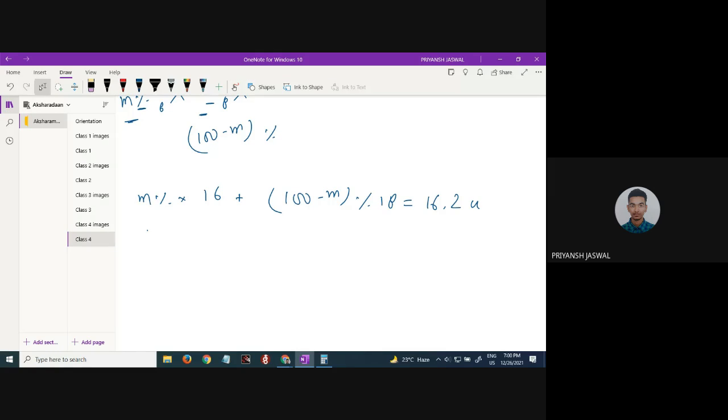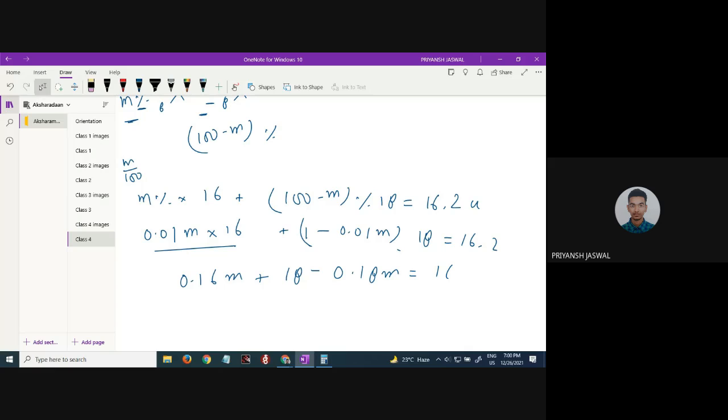So m% is basically m by 100, that is 0.01 m, into 16, plus 1 minus 0.01 m multiplied by 18 is equal to 16.2. This becomes 0.16 m plus 18 minus 0.18 m is equal to 16.2.